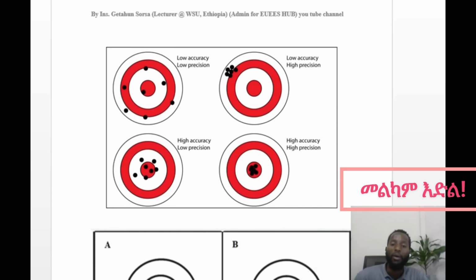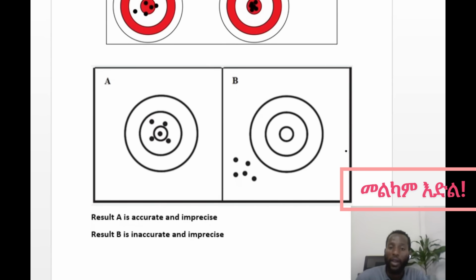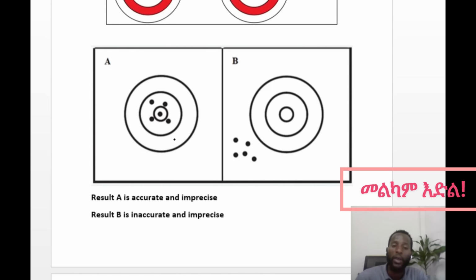So when we come to our specific question, here we have the target that we want to measure, and we have 5 measurements. At A, the values are around the center, around the target. But at B, they are far from the target.